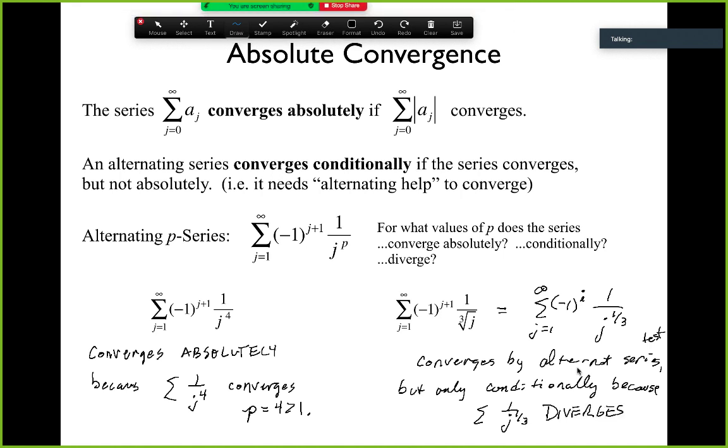It only converges conditionally, on the condition that we have the alternating help. This diverges because P is equal to 1/3, which is less than 1.